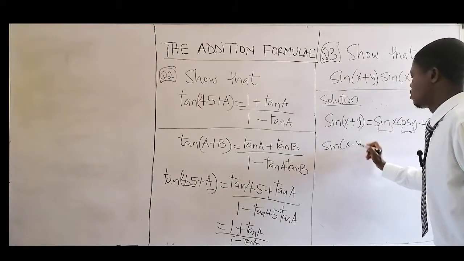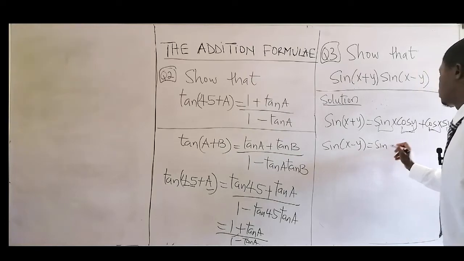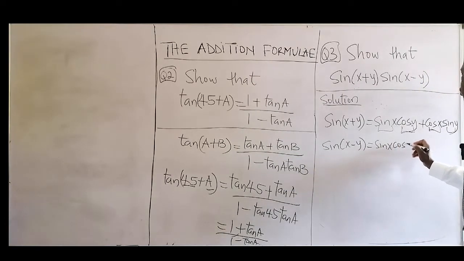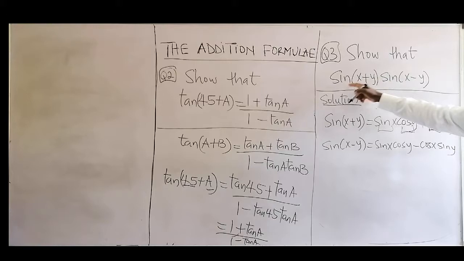Sine x minus y. It's the same thing: sine x cos y minus cos x sine y. Can we multiply the two together? Because this is multiplication that joins it together.